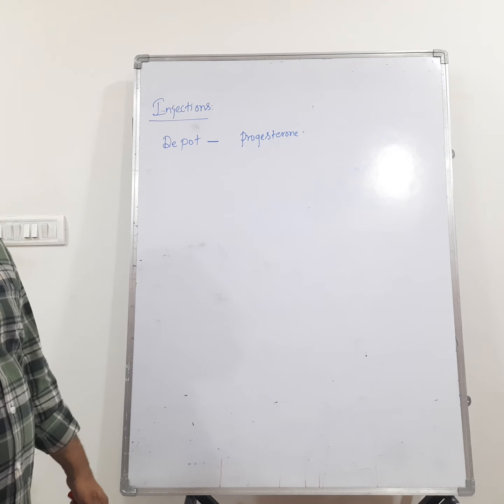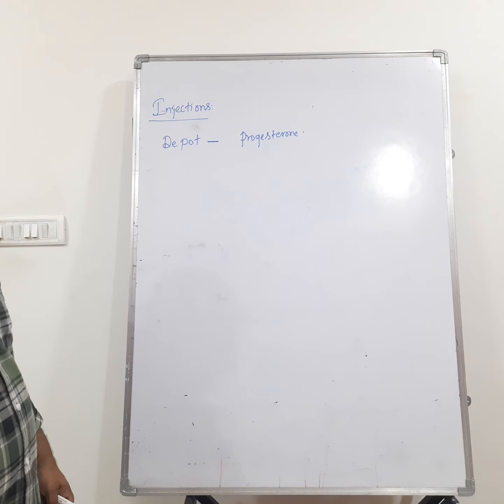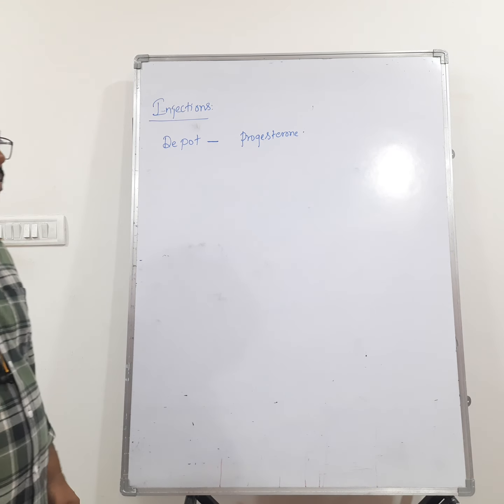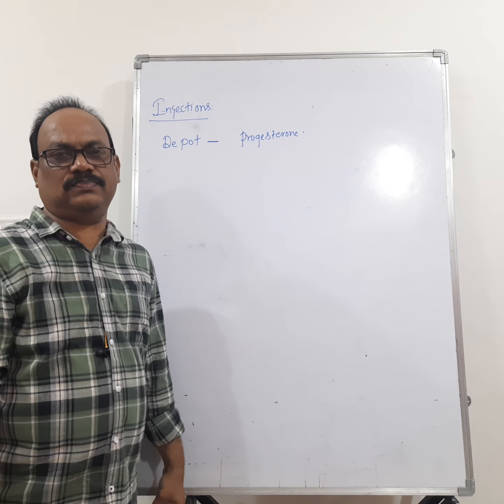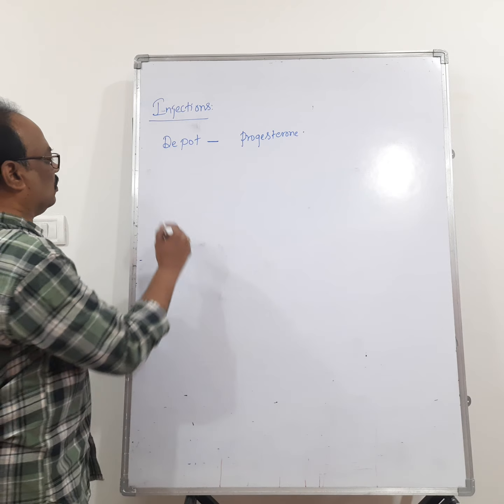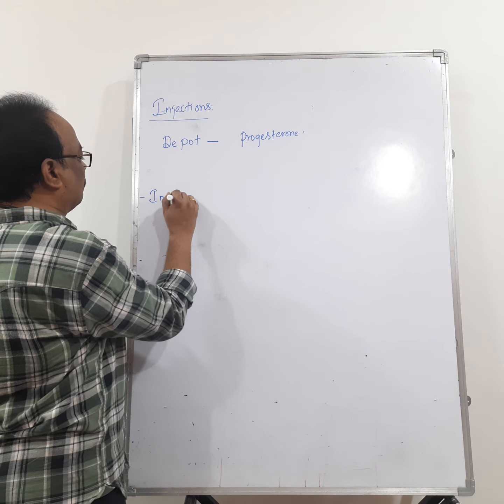It consists of progesterone only. And this injection can prevent pregnancy for 3 to 5 months. 3 to 5 months.